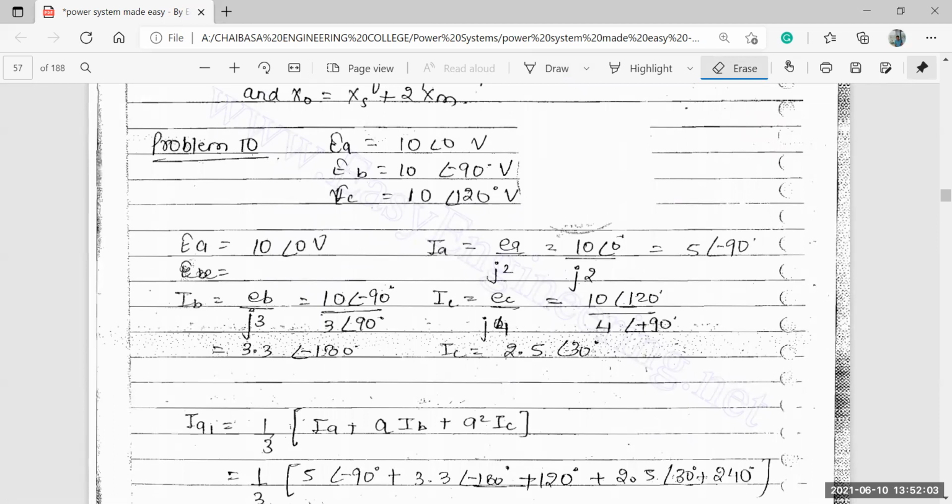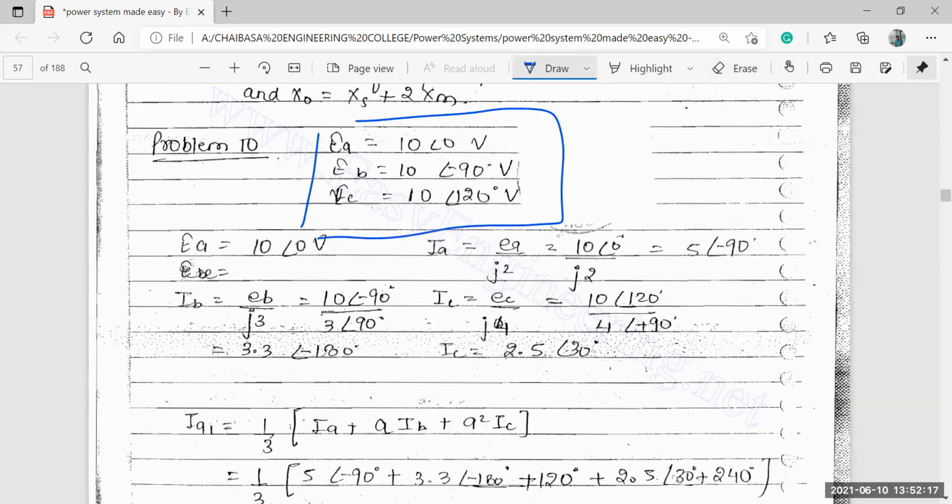Okay, we'll see this problem. In this, they have provided the data, that is E_AB, E_BC, and E_CA. They have given us this data, and we also have the impedance values over here.